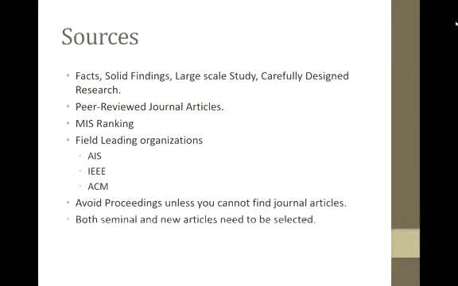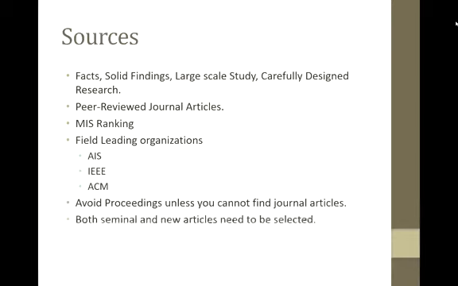Now here are a couple of important points you should be paying attention to. First of all, you want to find the source that presents solid fact and solid finding, and not opinion and argument. So that is one. That is, I think, the ultimate criteria.